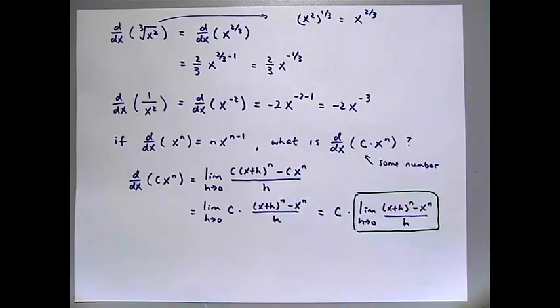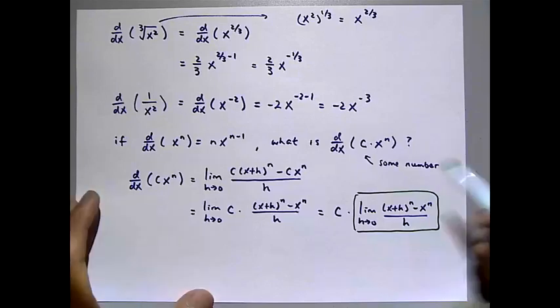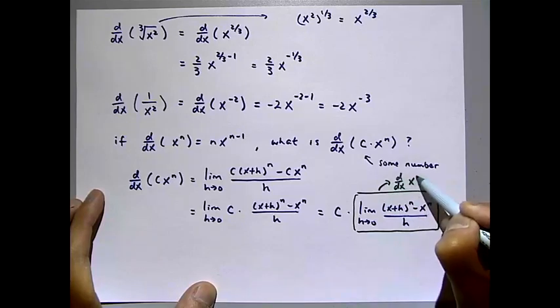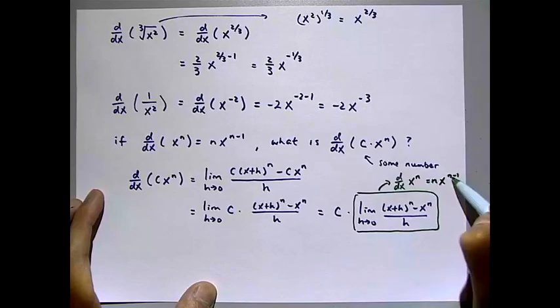And what is that? What is that thing I put in the green box? Absolutely. By definition, this is the derivative of x to the n, right? From the limit definition. So this is the derivative of x to the n, which we know is n x to the n minus 1. Simple.